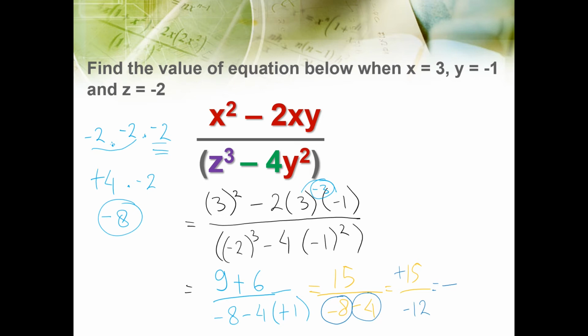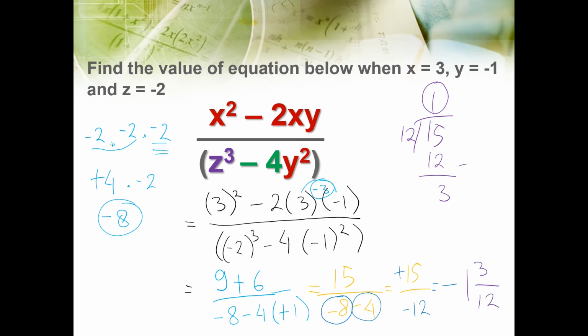When you get a fraction like this, you can simplify the fraction by making it into a mixed number. 15 divided by 12 equals 1, with the rest 3. So 1 is the whole number, 3 is the rest, and continue with the denominator 12.